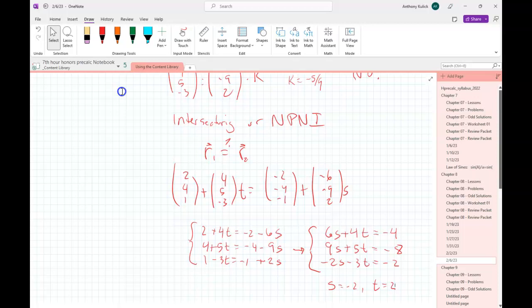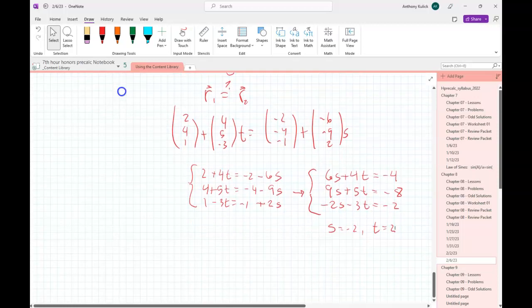It is possible for the first 2 equations to have a solution that fails to solve the third equation. If it fails to solve the third equation, this is non-parallel, non-intersecting, because the system of 3 equations has no solution. And that can happen.